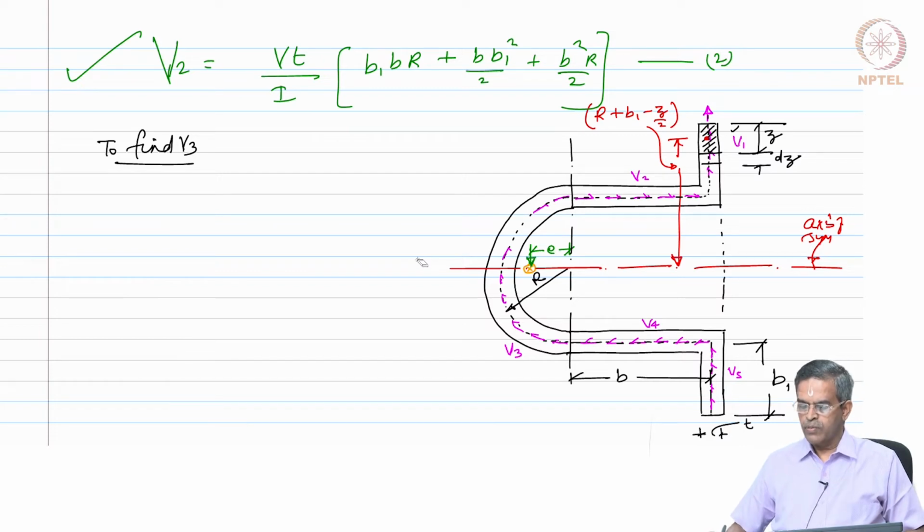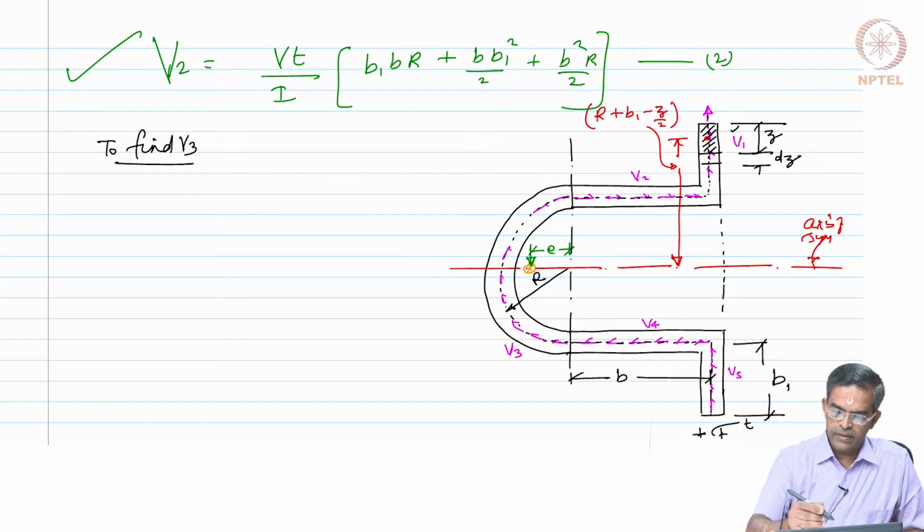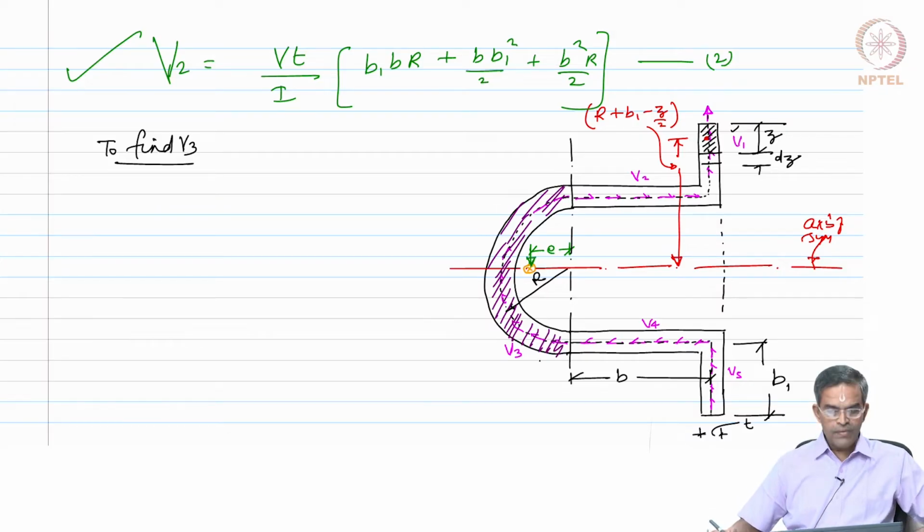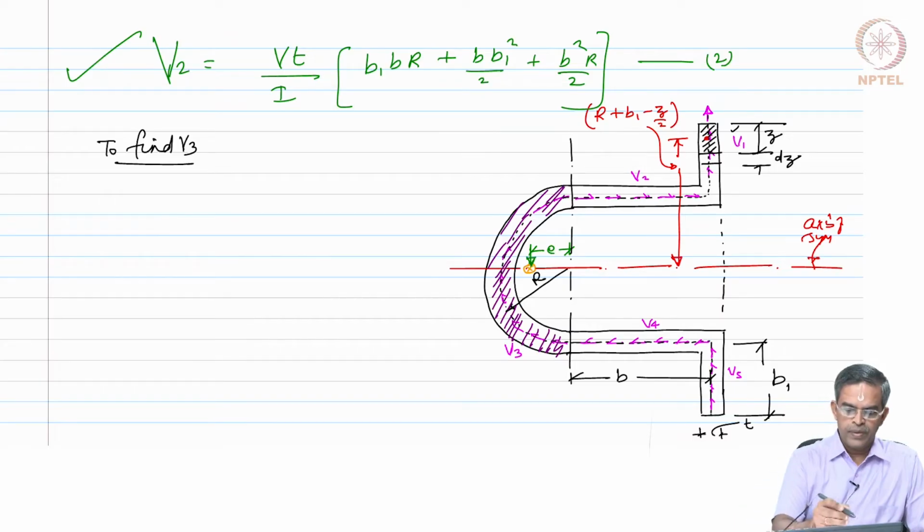We are looking for the curved portion, which is this. I will hatch it here, maybe with this color. I am looking for this portion. We already have an expression for this. If you know the angle, I can do it.